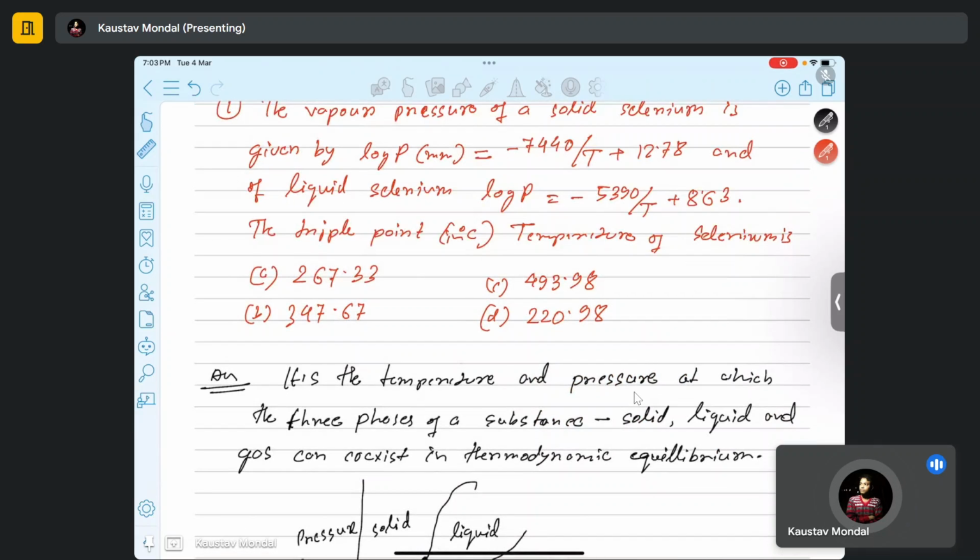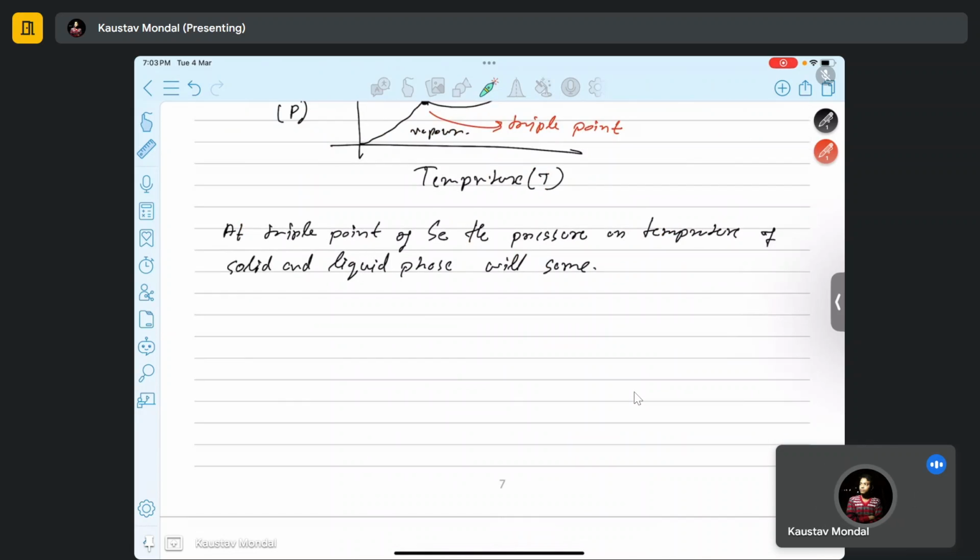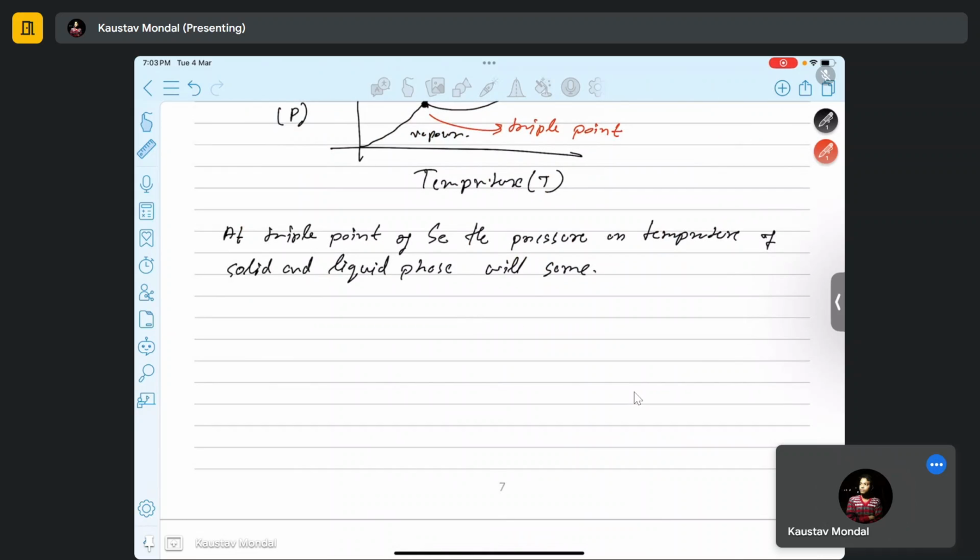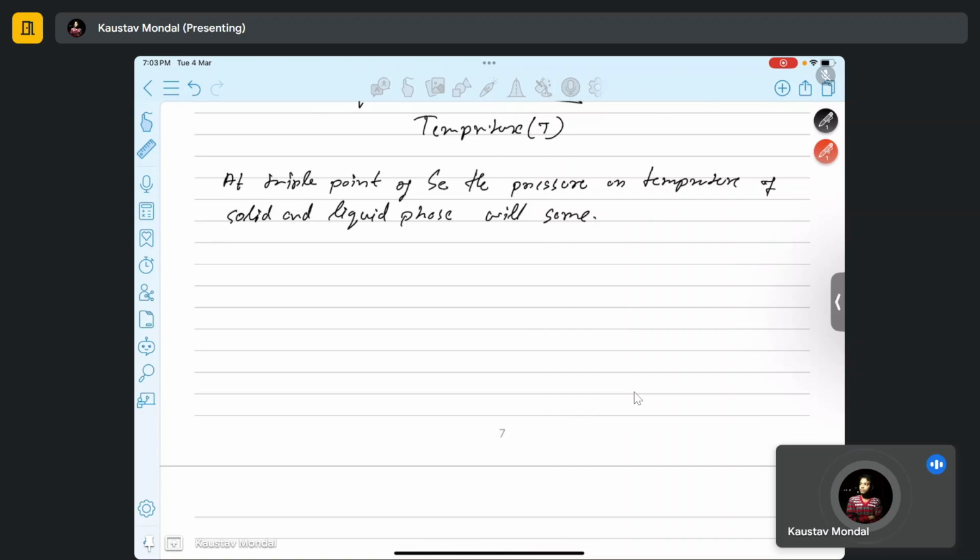Therefore we can just equate the pressure expression for the solid state and the pressure expression for the liquid state. So we have log P of solid equal to log P of liquid.